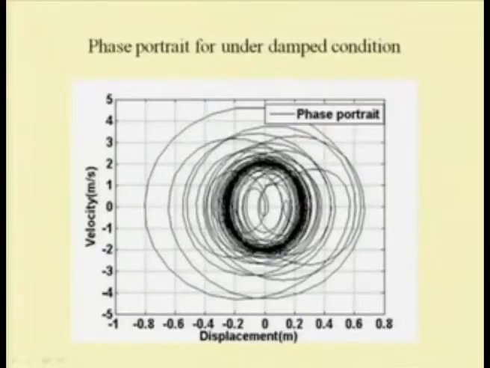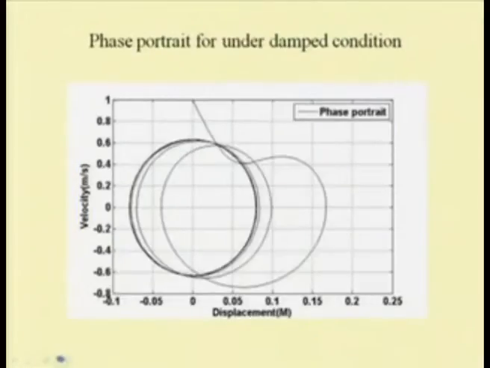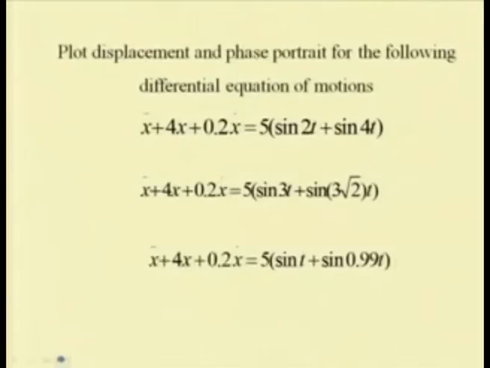This curve shows the steady state part, starting from an initial condition. So, they show both transient and steady state part for this damped condition. This phase portrait represents the critically damped case, and this represents the underdamped case.